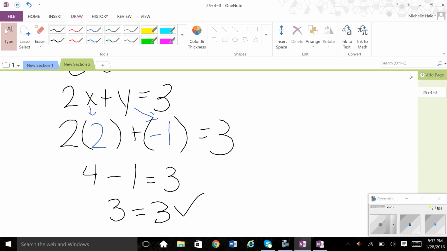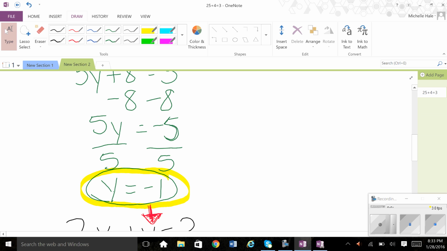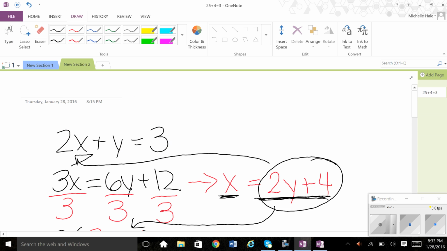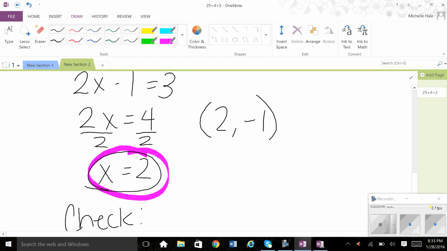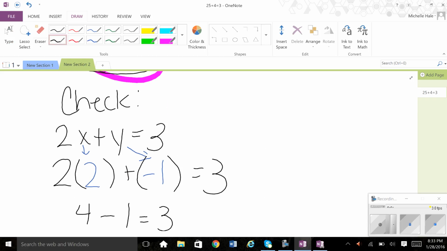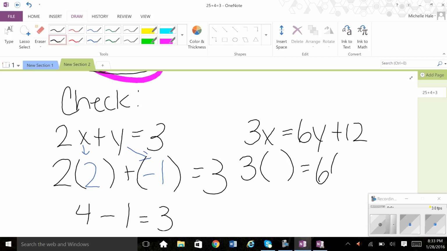Now let's go back to our first equation. I'm sorry, our second equation. It was 3x equals 6y plus 12. So let's check that one. Okay, we're going to plug in 2 and negative 1 for x and y.